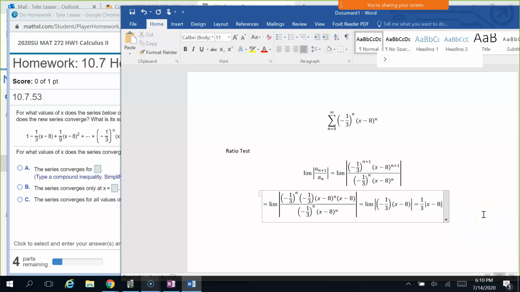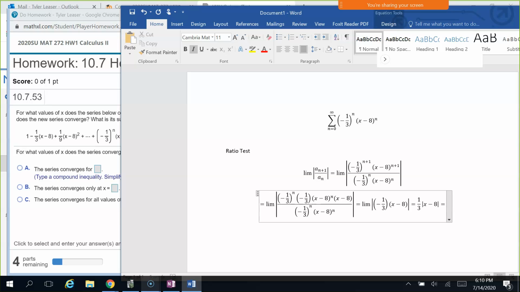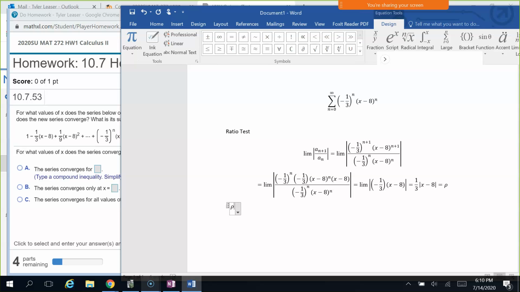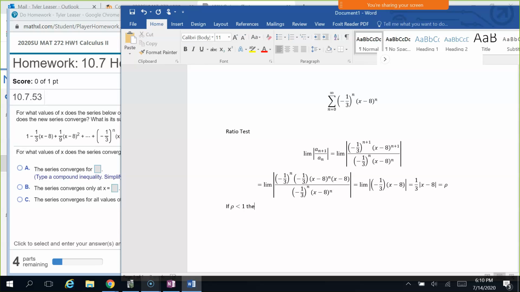Okay, this number that is the limit of this ratio is what we call rho for the ratio test. If that rho is less than 1, then we have absolute convergence, which is what we want, right? We want our power series to converge.